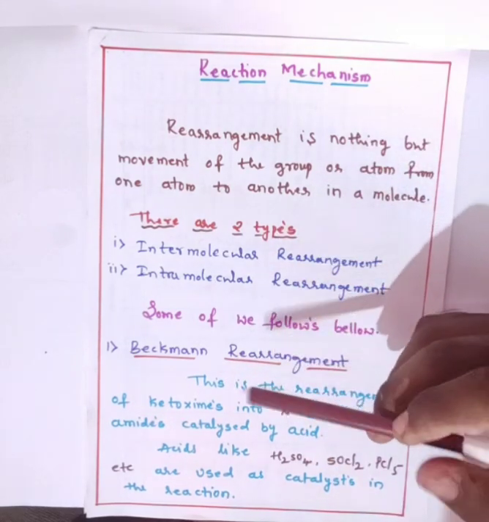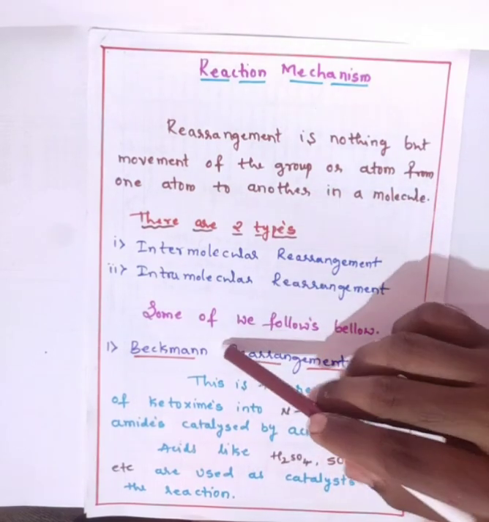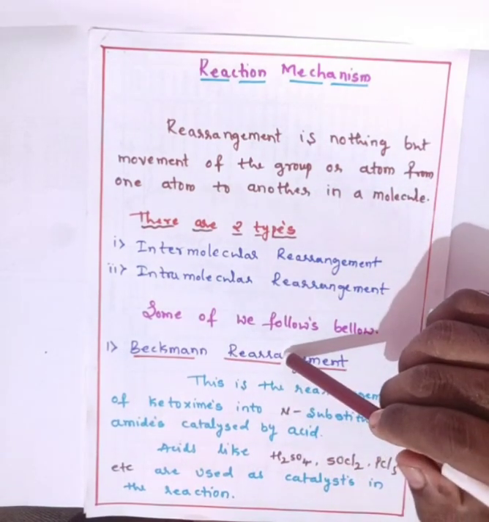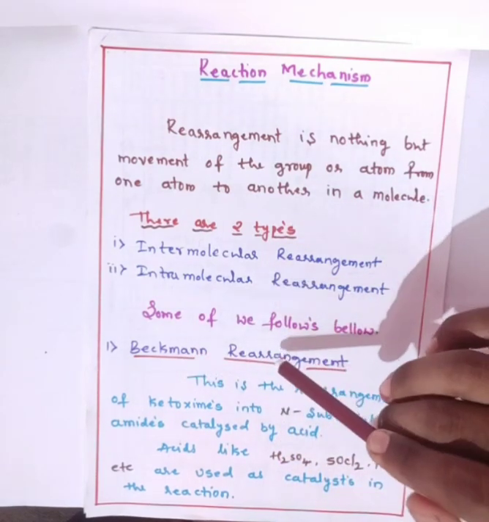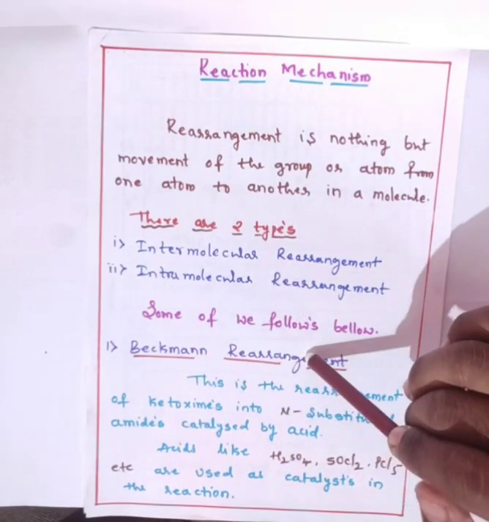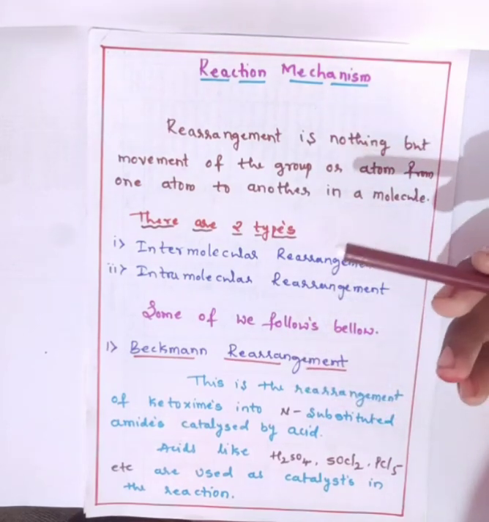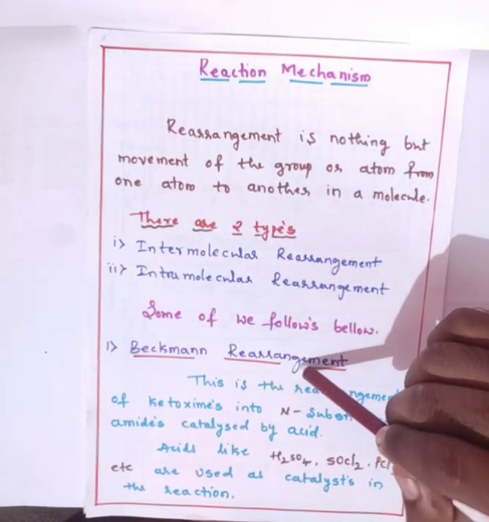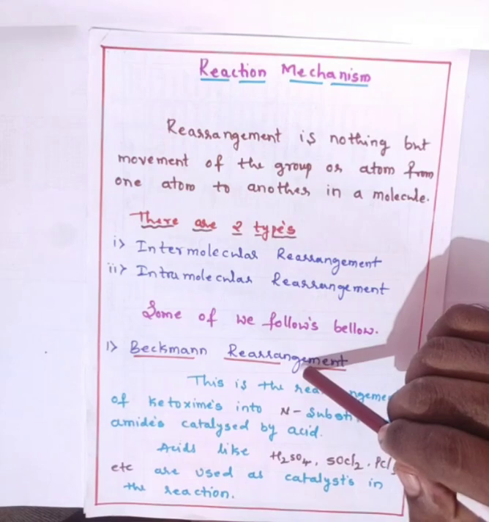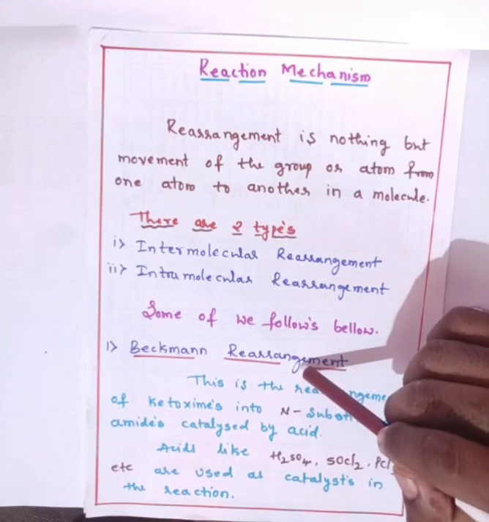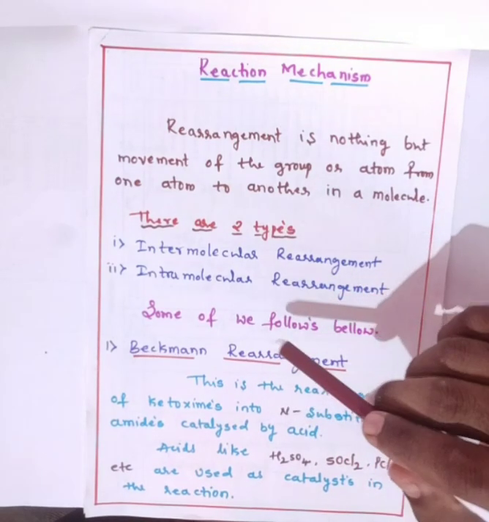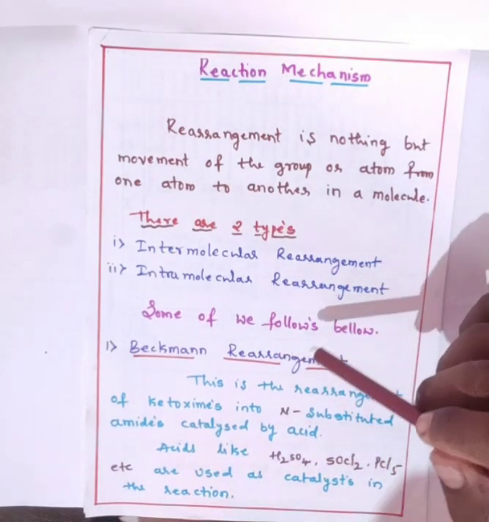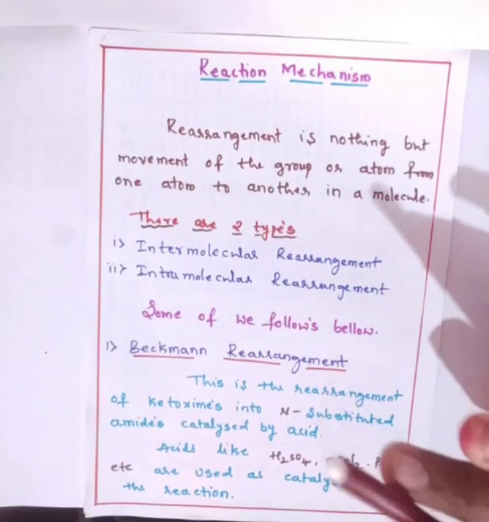The name given to a particular reaction may depend on the name of the scientist who particularly studied that reaction. As well, the name may depend on the reactant name and the product name.